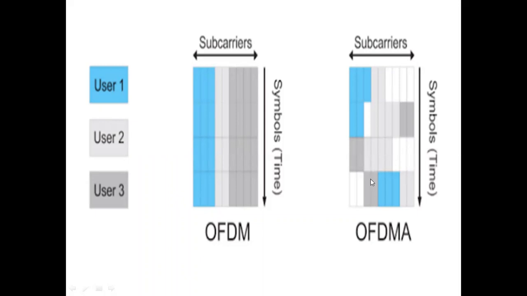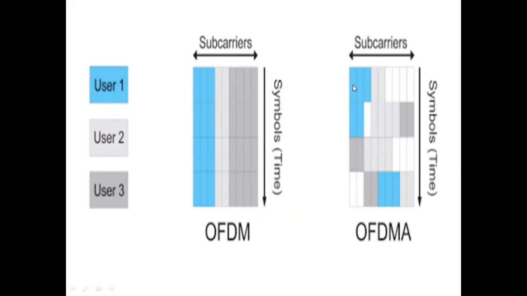Whereas in OFDMA, if you see the figure, this is time. So at a time, we have more number of users. That means more number of users can transmit their information at a single time. Let us consider this is user 3, user 2, user 1.